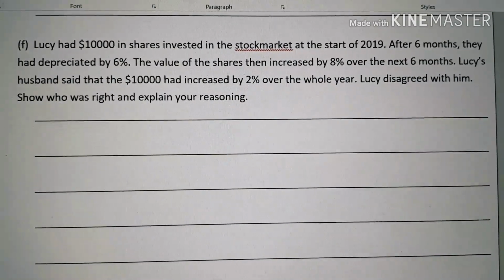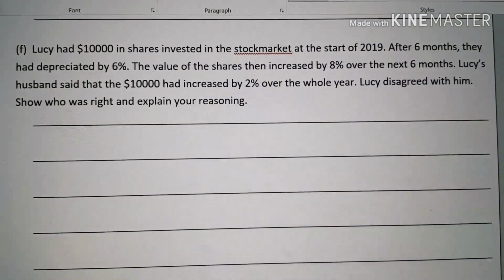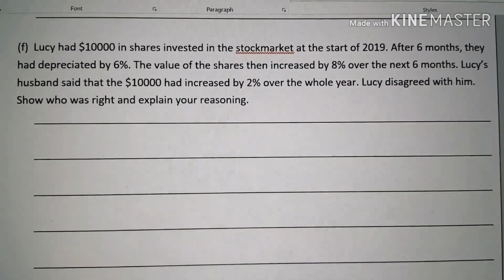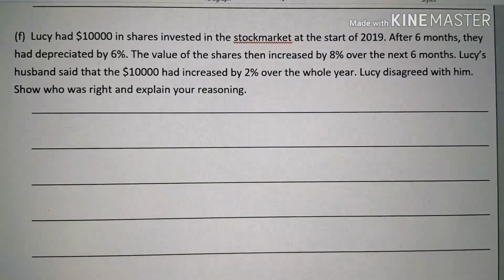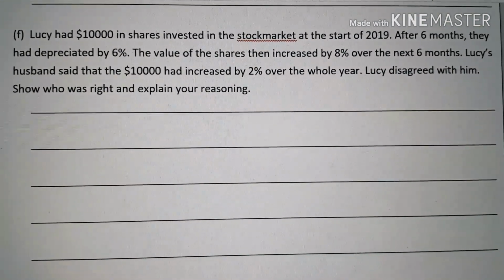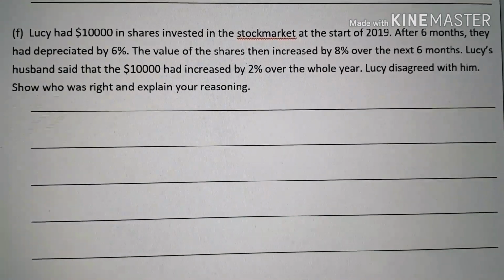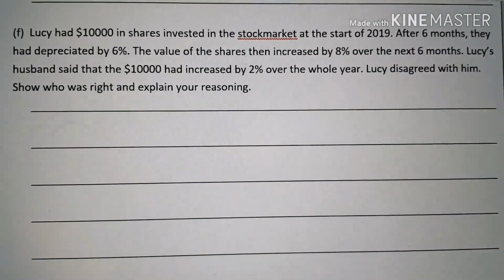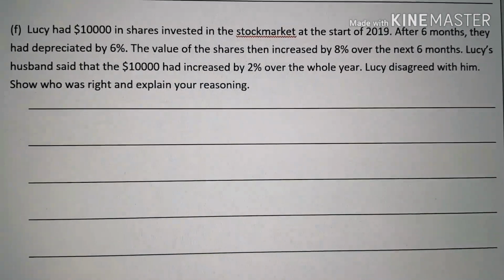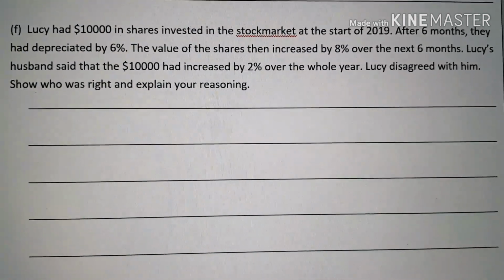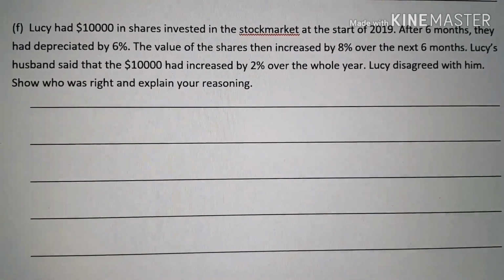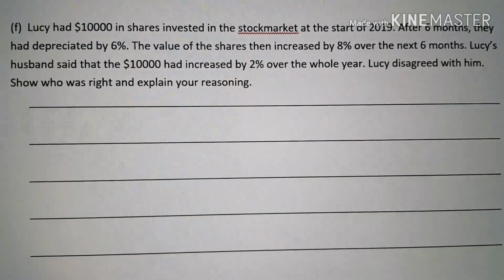Okay, so this is the very last question of the test paper. Alright, so let's have a look. Right, Lucy had 10,000 in shares invested in the stock market at the start of 2019. After 6 months, it depreciated, so it's going down by 6%.